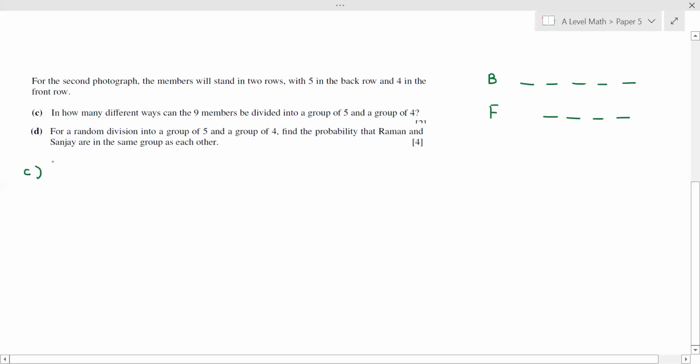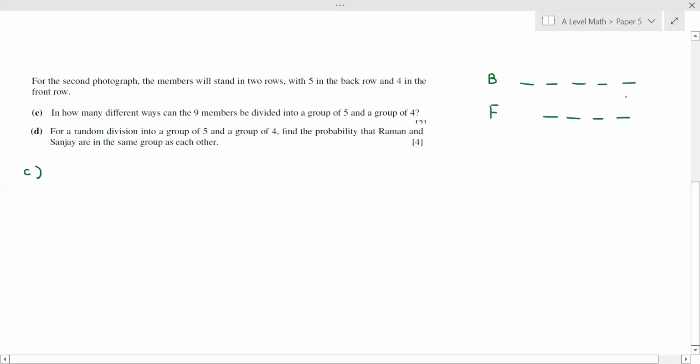Part C: in how many ways can the 9 members be divided into a group of 5 and a group of 4? This is just the number of ways to divide 9 into a group of 5 and a group of 4. We do not care about the arrangement within the group.